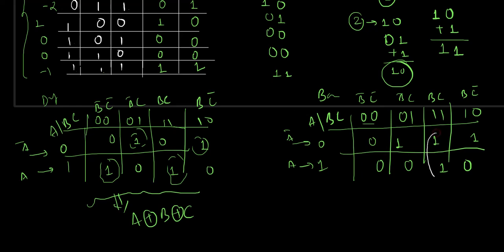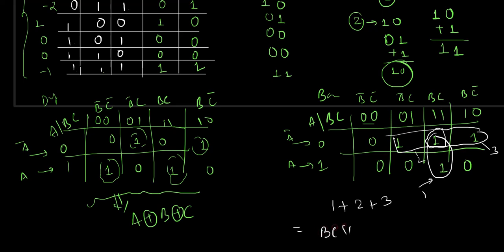Say this is my first case, this is my case 2, and this is case 3. So I will be writing 1 plus 2 plus 3. For 1, the column is fixed, that is BC, and the row is varying, so I will write it as A bar plus A. For the second case, the row is fixed, so A bar.